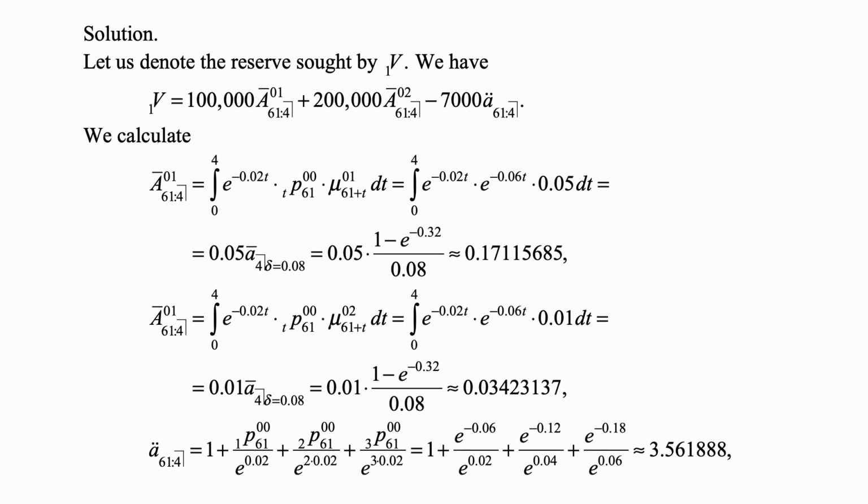And here's the solution. The reserve is going to be the actuarial present value of future benefits minus the actuarial present value of future premiums.